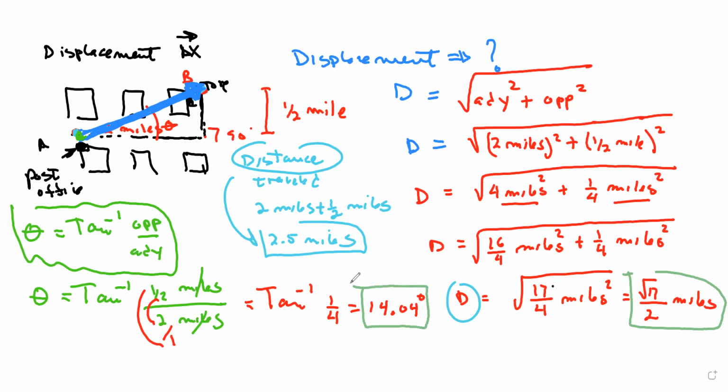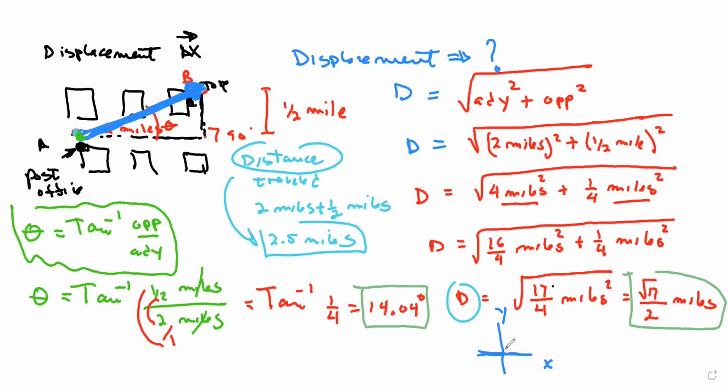And there you go. You got your displacement vector, and you can refer it to a coordinate system. I'll just do that right here. So this is your x axis, this is your y axis.